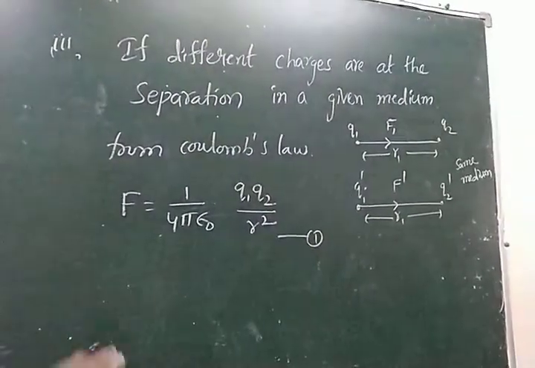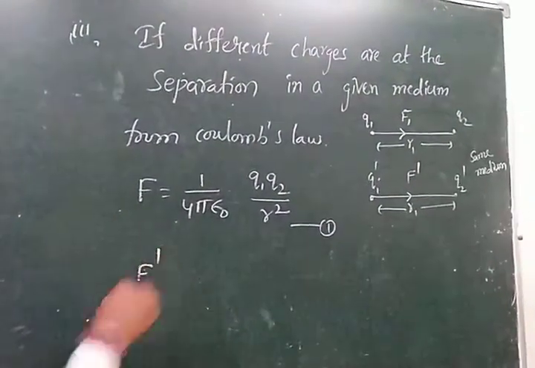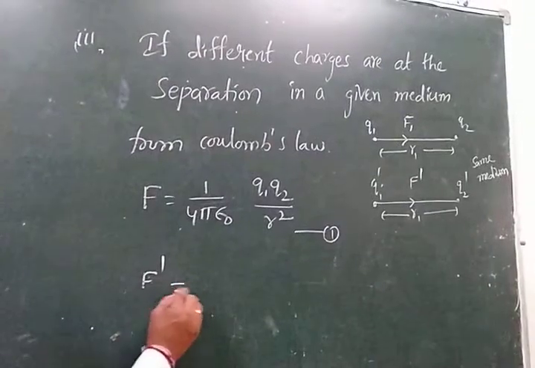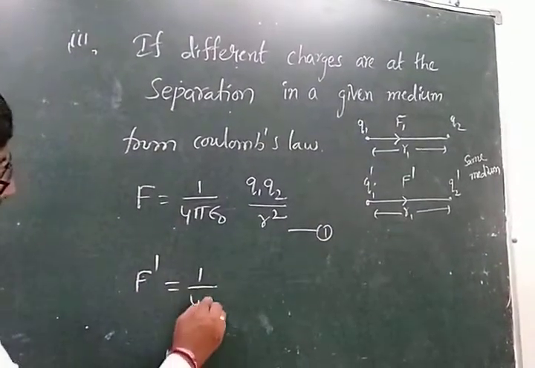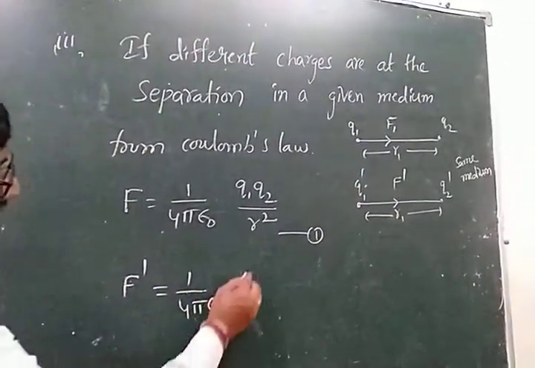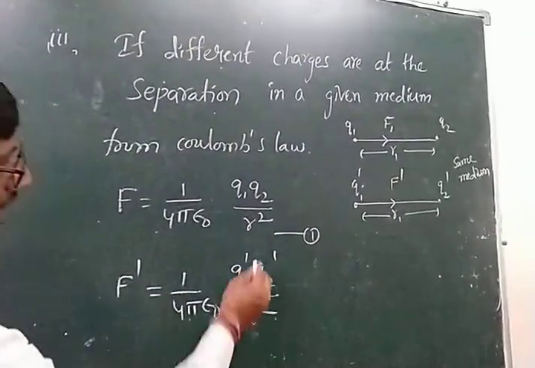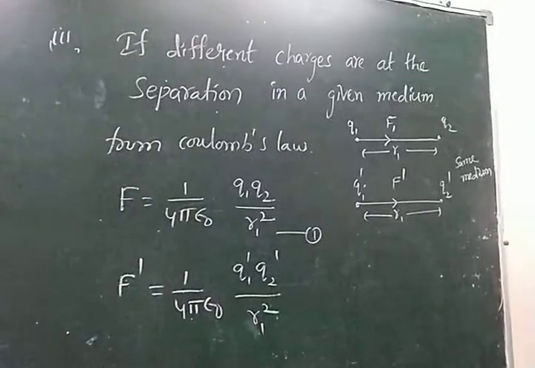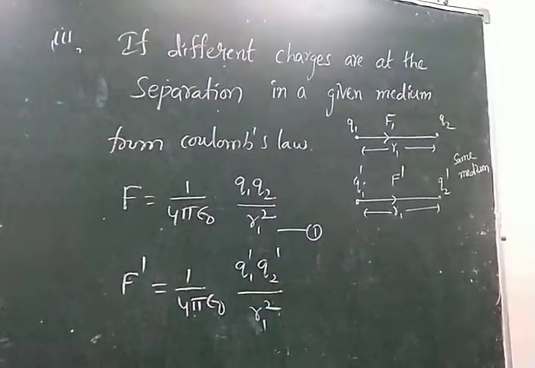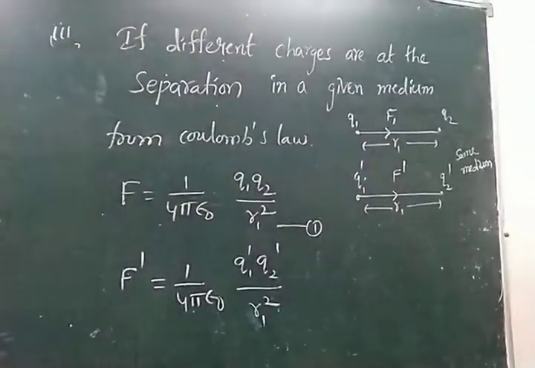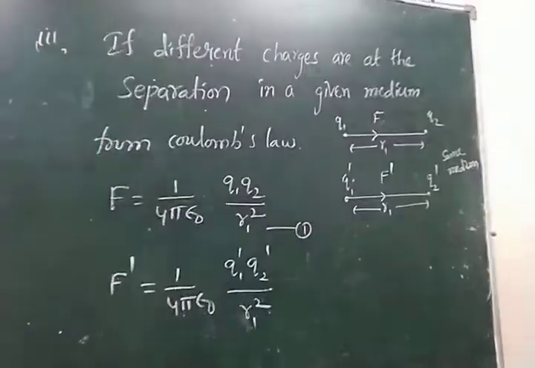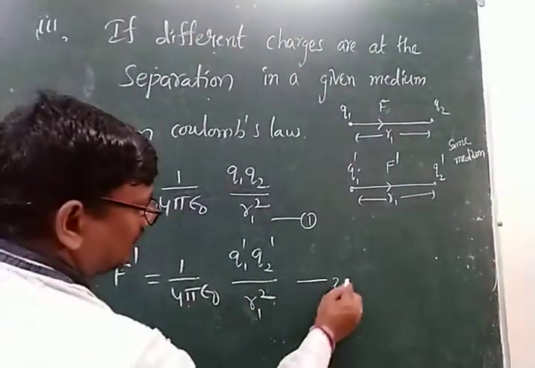For the second case, with the different charges placed, the force is F dash, equal to 1 by 4 pi epsilon naught Q1 dash and Q2 dash by R square. Here R1 square, here also R1 square, because the distance is the same but the charges are different. This is considered equation number 2.